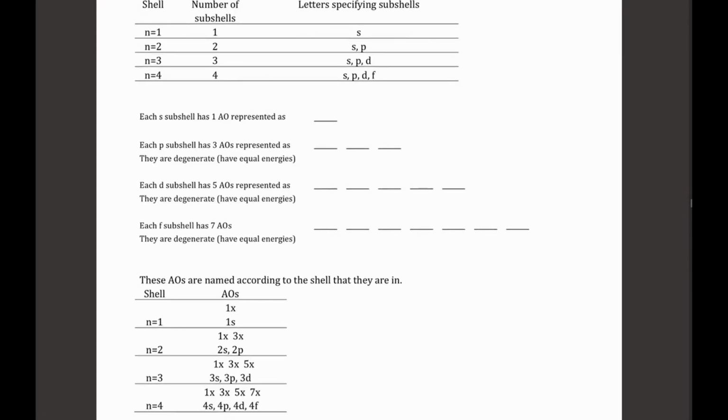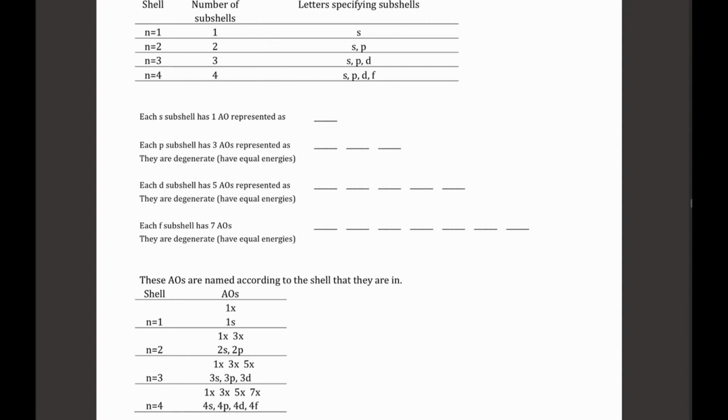Now, whenever we have an S subshell, whenever we have L equals 0, or we could say L corresponding to S, because M sub L can only be 0, there's one atomic orbital. And that's what we were talking about in that table above. Each p subshell has 3 atomic orbitals.